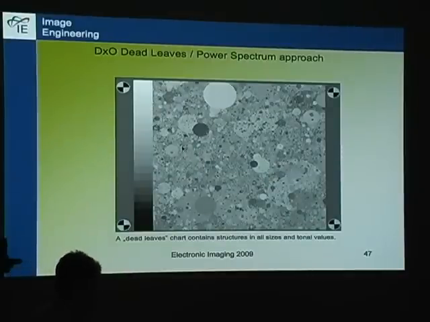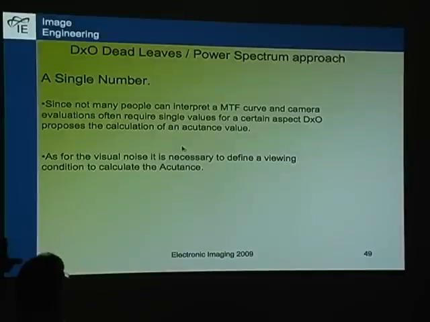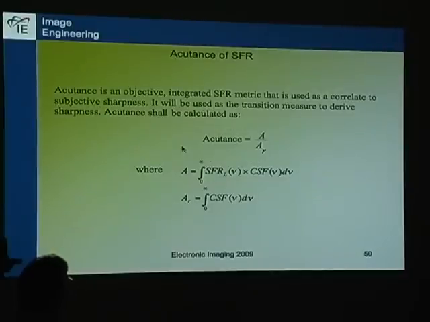And then they basically do the same thing. They calculate the power spectrum as we've done with the white noise already. And from that, of course, since everybody wants to have a single number, they compute something, and that is the so-called acutance value, which you can see here.